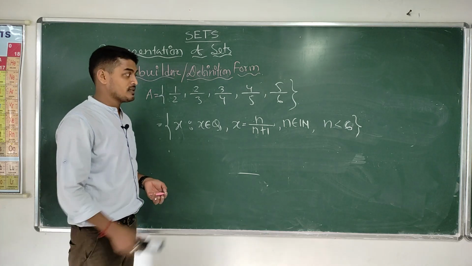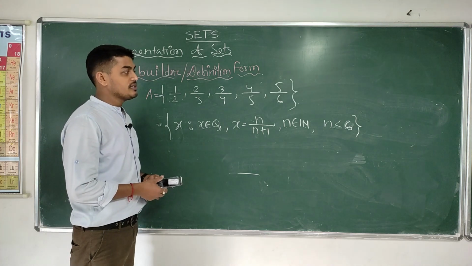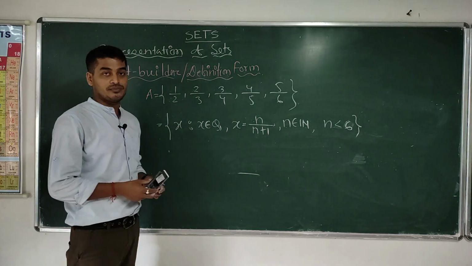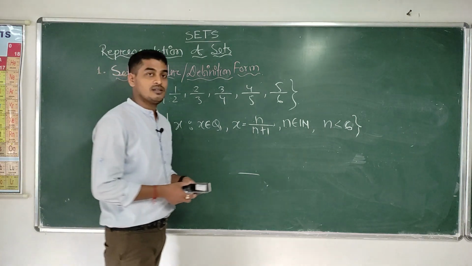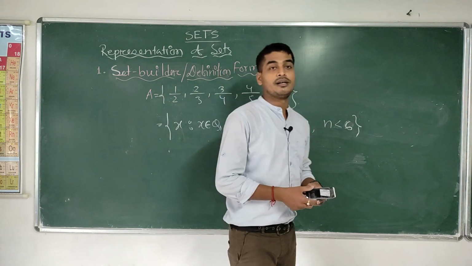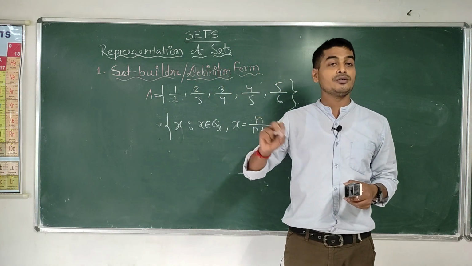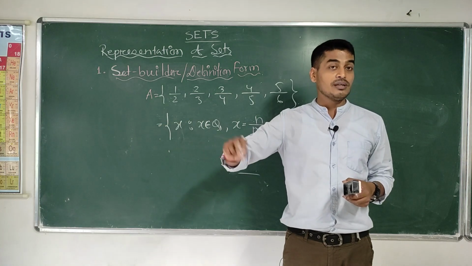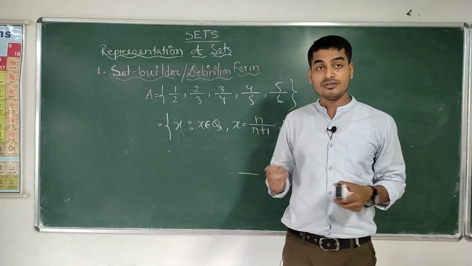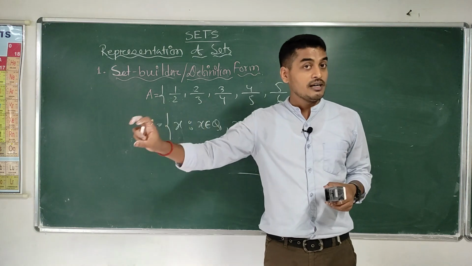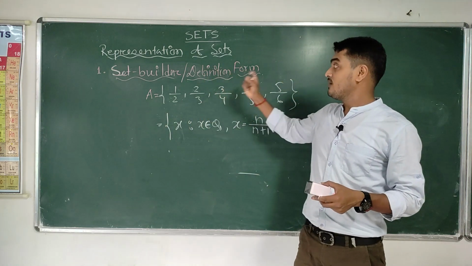I hope you are getting my point. So in this way we can easily represent a set in two different forms. First one is roster or tabular, that means tabular format; you have to tabulate the elements, that means you have to mention the elements of that collection. Second one is set builder or definition.